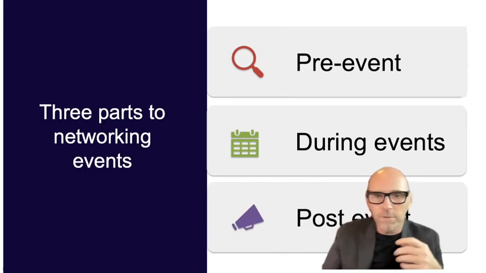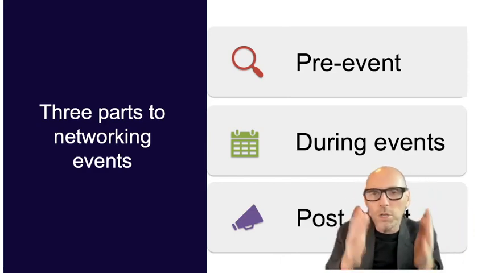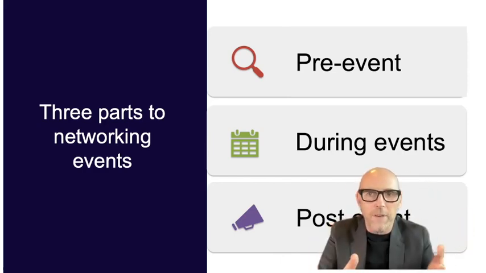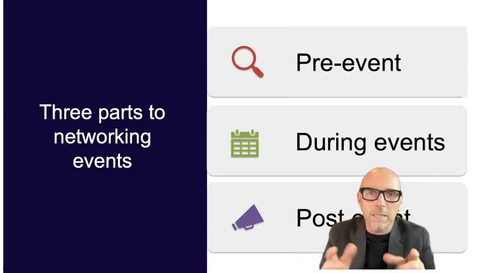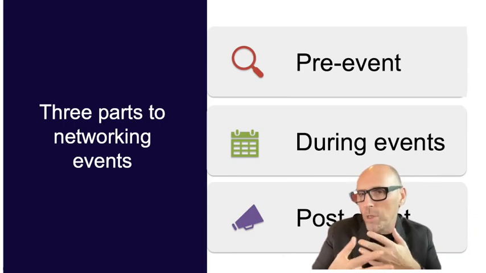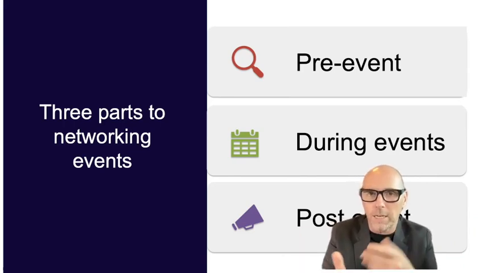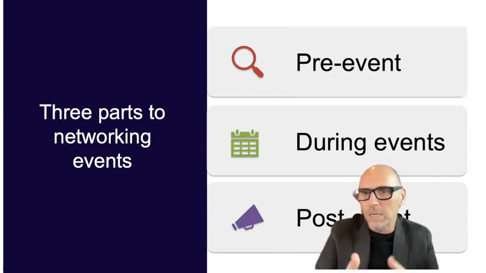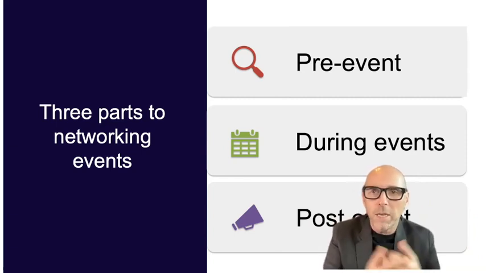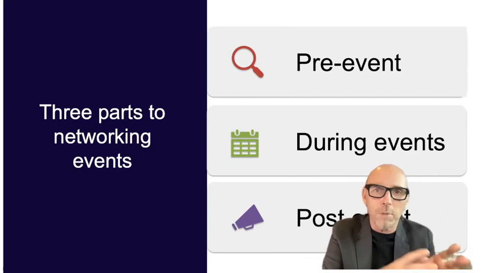And then finally, post-event. You go to all the trouble of going to these events, and then 3 weeks later, you send everybody an email. It just doesn't make sense. On the day, I'm connecting with everybody on LinkedIn, and the data is going into CRM straight away. On Monday morning, I'm sending a message to everybody I connected with on LinkedIn, and an email to everybody as well.